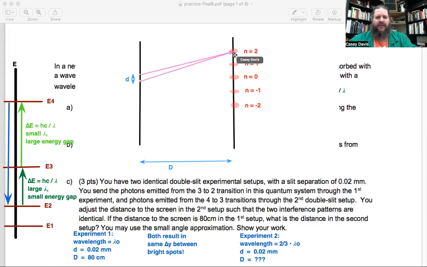What has to be true for that location to be a bright spot? They have to interfere constructively. Right, we need constructive interference. So what has to be true for that to be constructive interference?